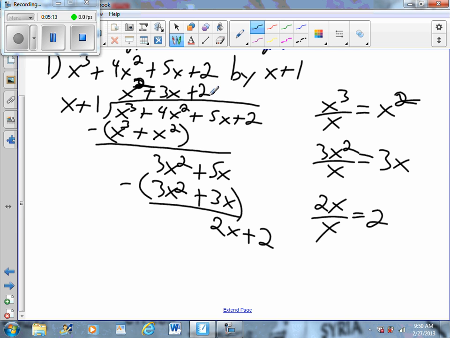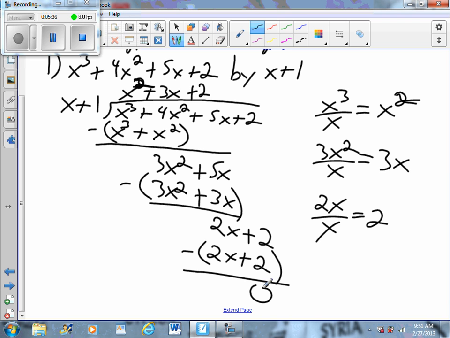2. Okay? Now, this neat little situation doesn't always happen. In this case, it did. What do we get here? 0. What that 0 means is there's no remainder. If I had gotten, after doing this last stage of the problem, a number other than 0 down here, whatever that is, it tells me that this is the remainder.